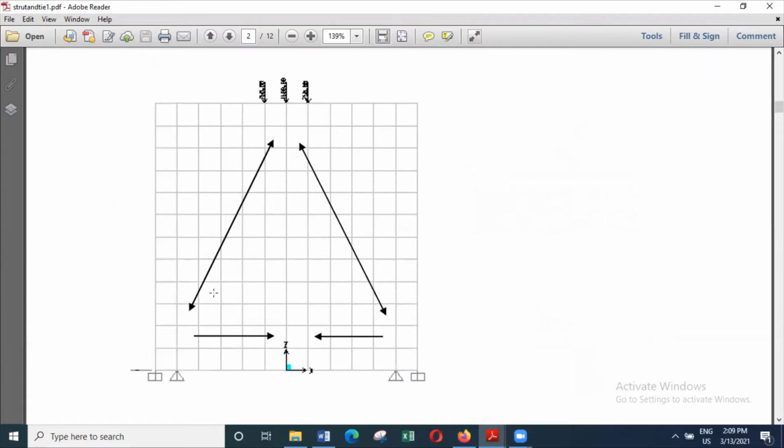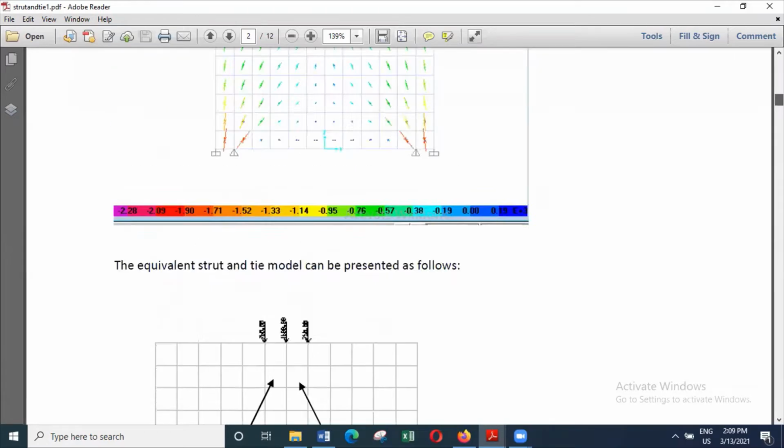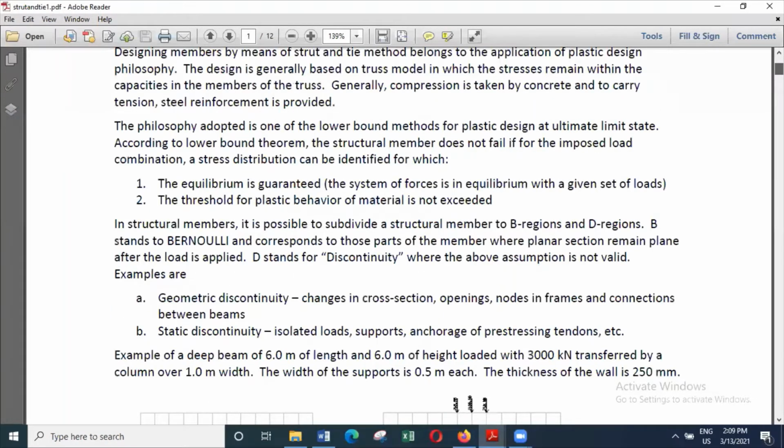So we create a truss model to transfer the loads to supports when you have either concentrated or distributed loads. So these are the type of model that you get. You get the compression carried by concrete, tension carried by steel. So that's the type of model you get.